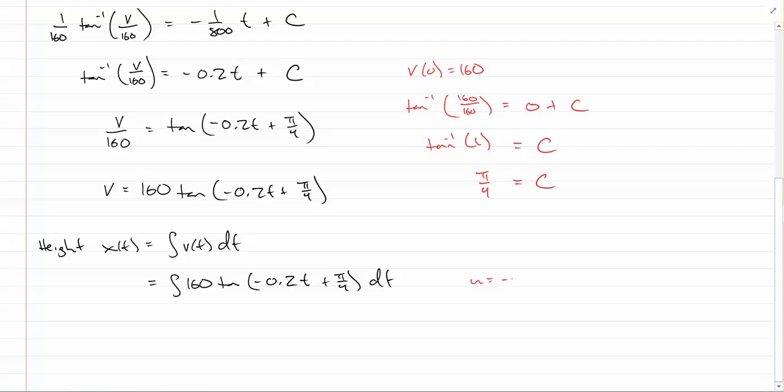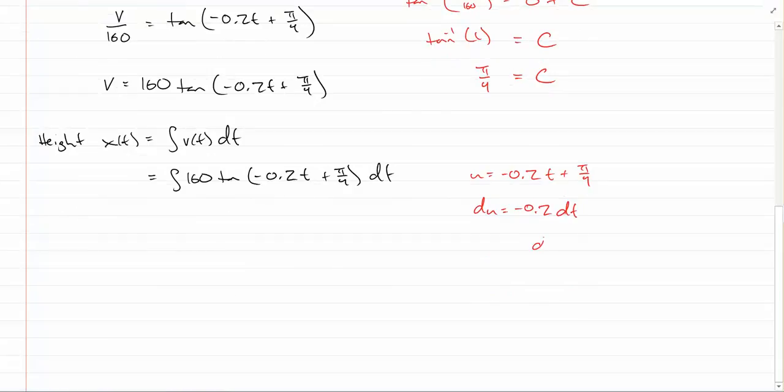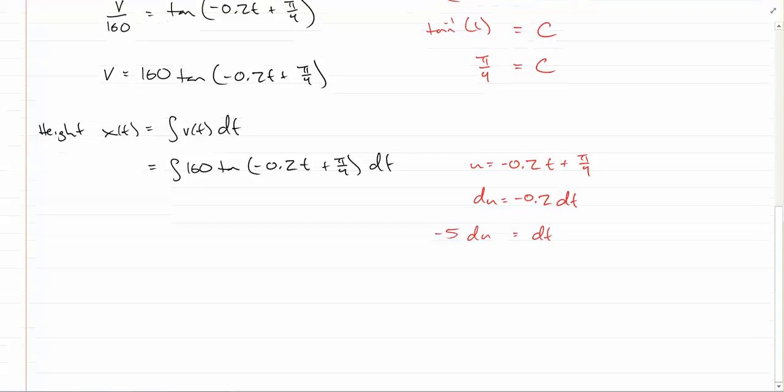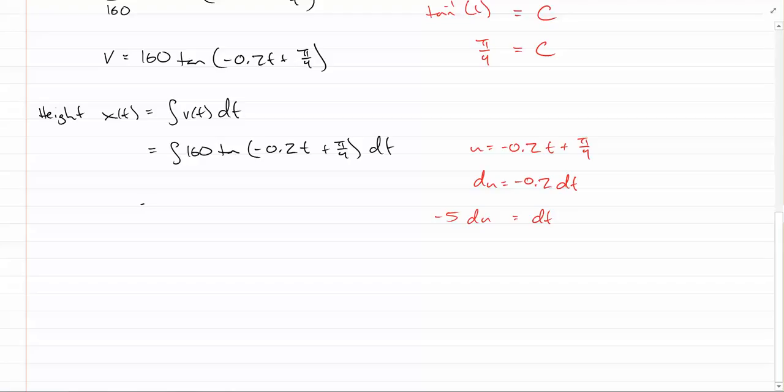We'll let u equal negative 0.2 t plus pi over 4. Du would be negative 0.2 dt. So that means dt is, what's 1 over 0.2, that's 5, so negative 5 du.